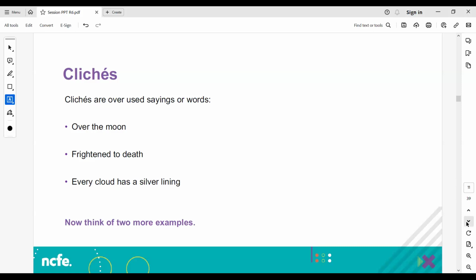At the end of the day, and then they'll continue with their point. Someone's upset because they've split up with a partner, and there's a cliche that's often used: don't worry, there's plenty more fish in the sea.